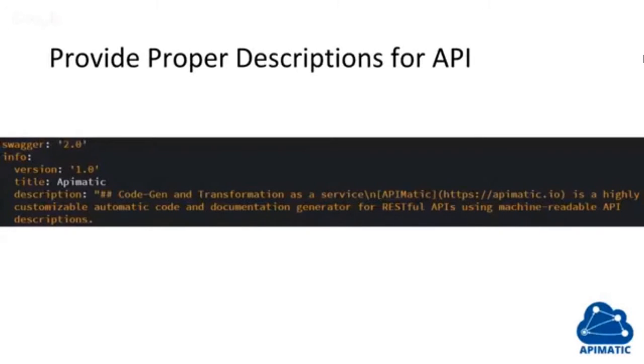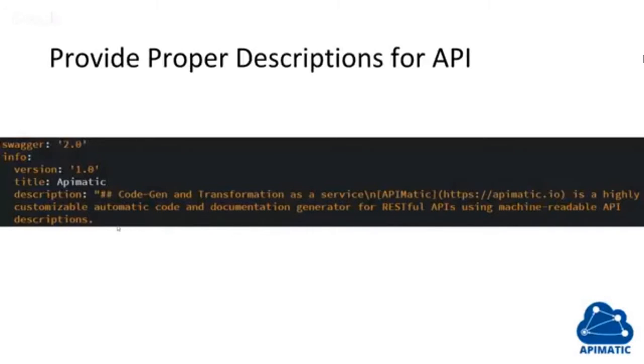So for example, for your API, it's always nice to give a short description of what the API is and what it does. Right here, I have a code snippet for a CodeGen API specification written in Swagger. You can see we have straight away given a small description: CodeGen and Transformation as a Service API.